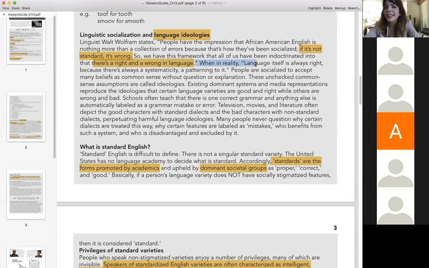when in reality, language itself is always right. La realidad es que el idioma is always correct. Why? Because language doesn't exist to be pretty. Language doesn't exist to be written. You know, it is written in our side of the world because that's how we developed, that's how we evolved, and it has its uses.